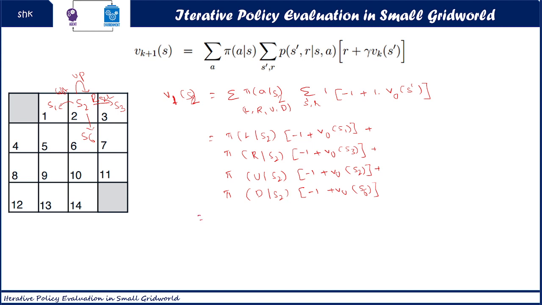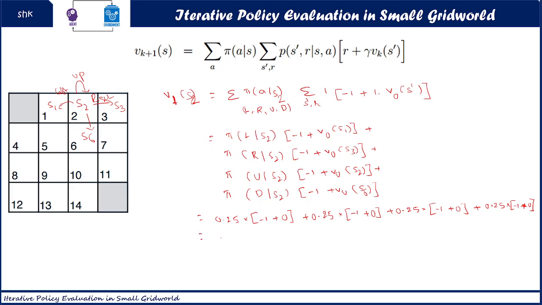As we know, the probability of all the actions is 0.25, multiplied with -1 plus. Initially, we have considered V0 of all the states as 0. So this we consider as 0, plus 0.25 into -1 plus 0, plus 0.25 into -1 plus 0, plus 0.25 into -1 plus 0.